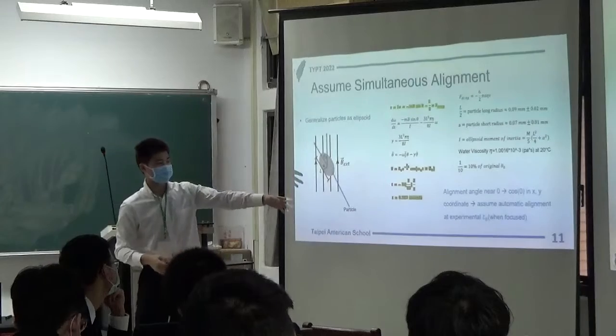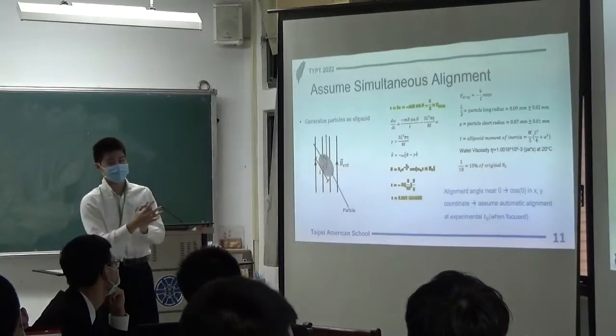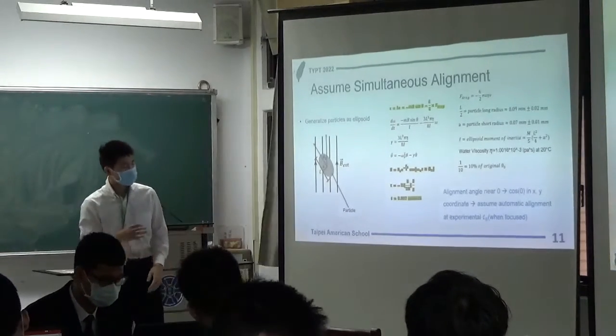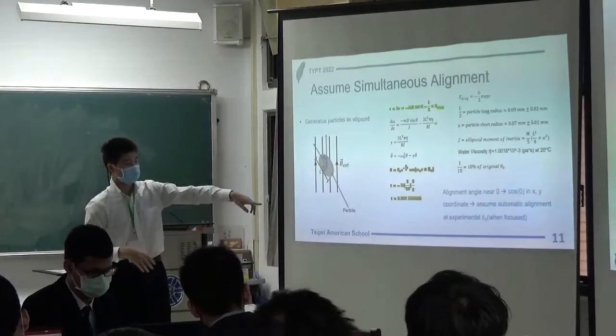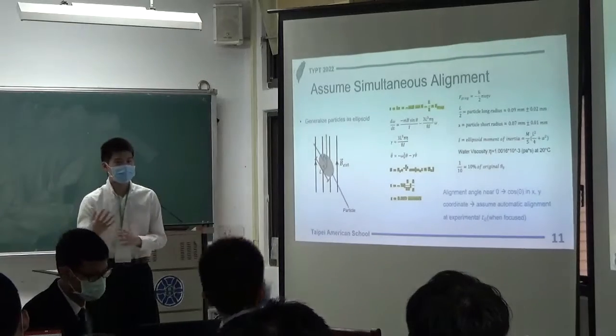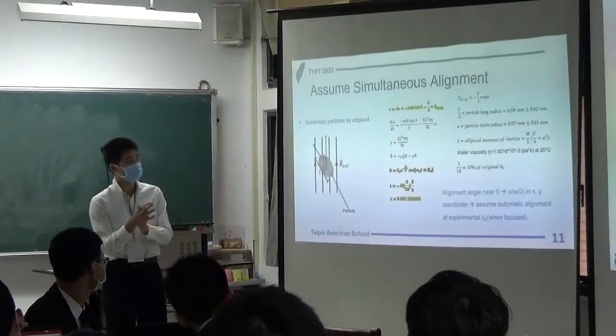For our calculations, we deem that 10% of the original theta naught is where the particles align with the magnetic field. For that calculation, we got 0.07 seconds. And with our experiments, we concluded that, okay, that is automatic particle alignment.